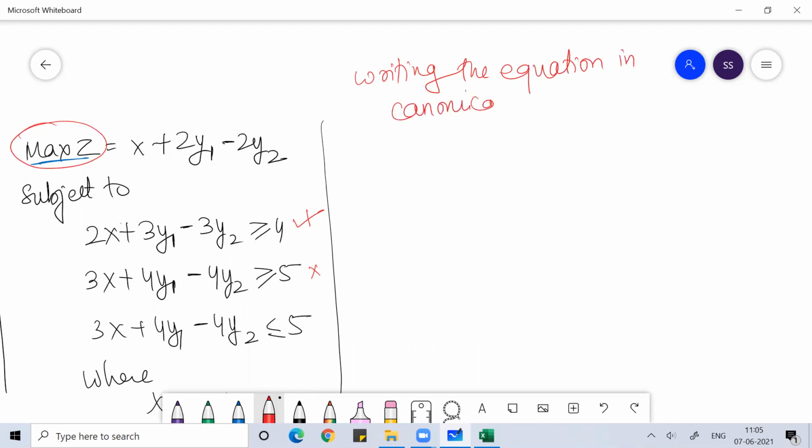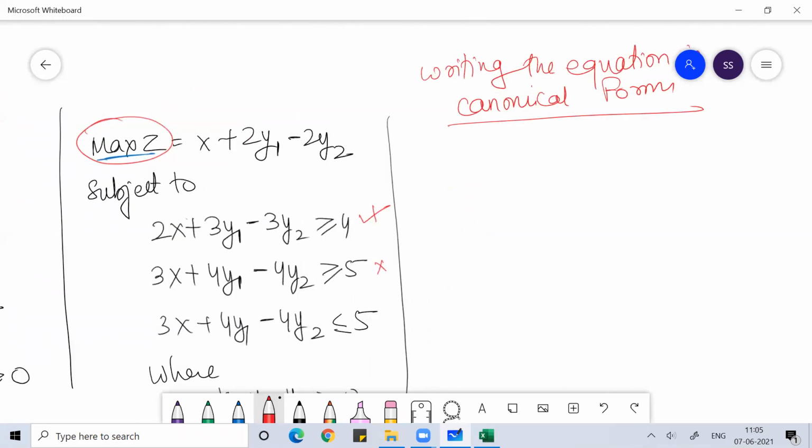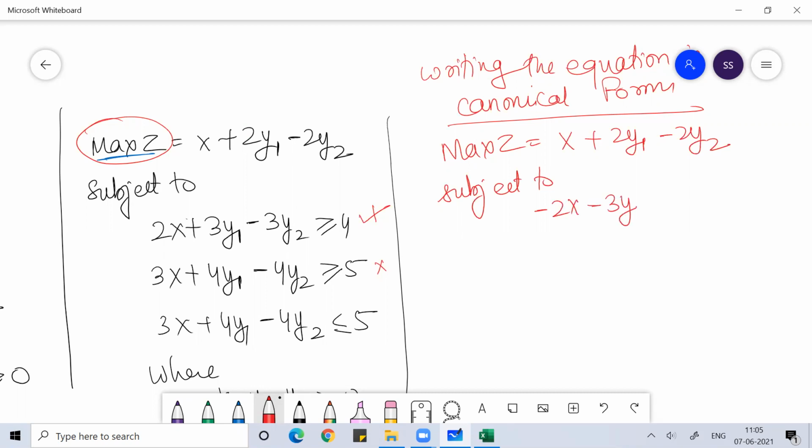Maxima of z is equal to x plus 2y1 minus 2y2, subject to minus 2x minus 3y1 plus 3y2 less than or equal to minus 4.